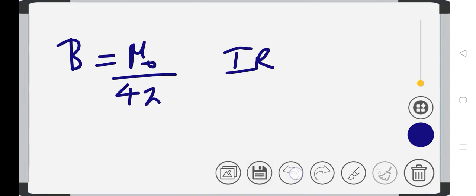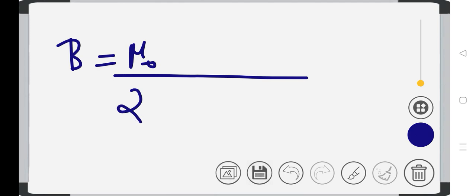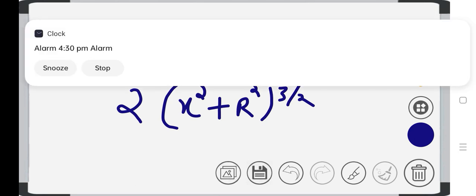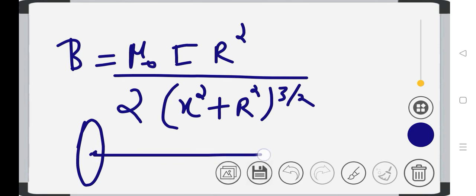So here we have B equal to mu 0 by 2 into I r square by (x square plus r square) whole raised to 3 by 2, which is used to find the magnetic field at a distance x.